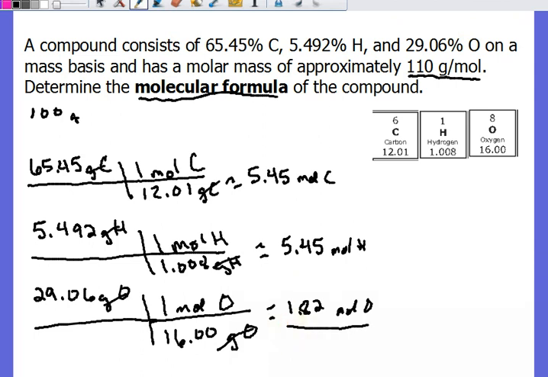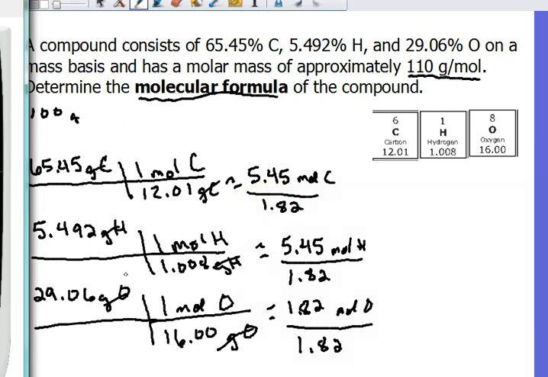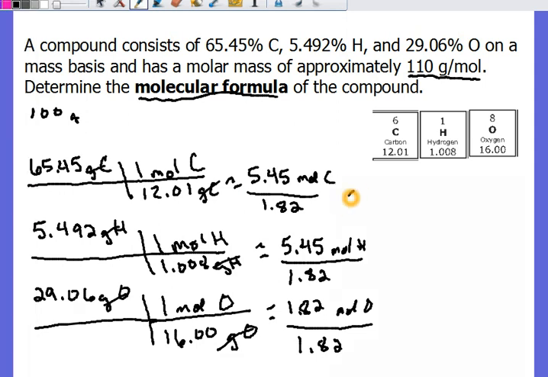So you divide everything by the smallest number of moles, 1.82. When you do that, you take your 5.45 divided by 1.82, and you'll see that equals 2.99 something, so roughly 3, and 1.